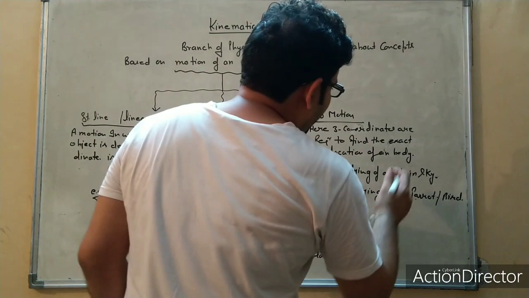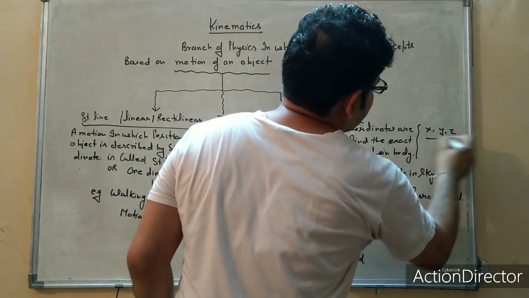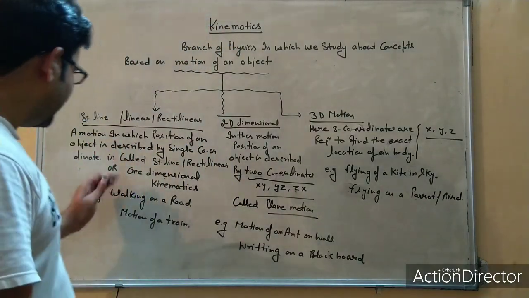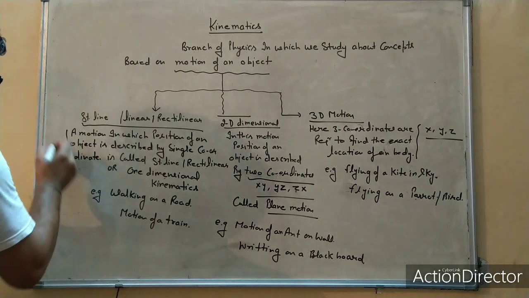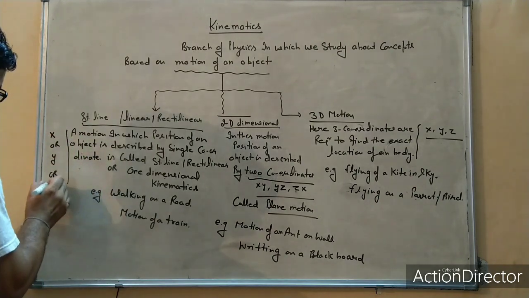Here the coordinates may be x, y and z, but in two-dimensional motion only two of x, y or y, z or z, x are used, never all three.